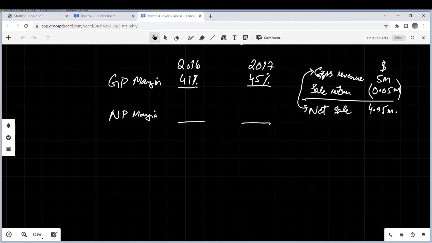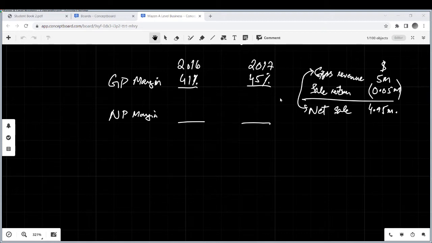And more important than memorizing these things, I always stress on learning the concept. For example, the concept that we learned of what a margin is. If a business wants to increase, first of all, higher gross profit margin is better. It shows more profitability of the business.